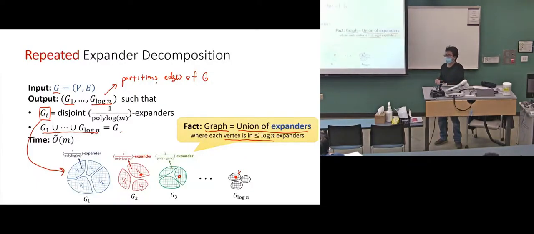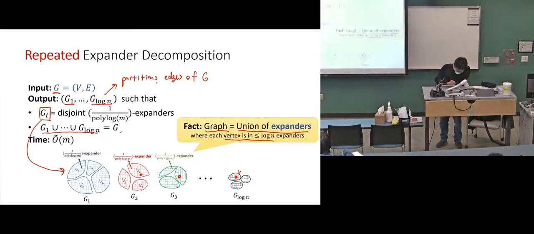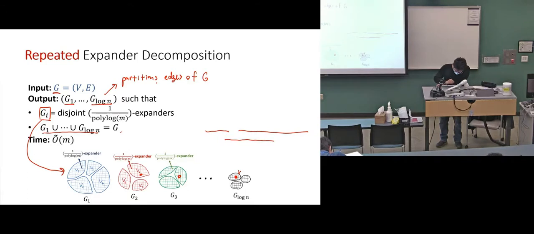More questions about this? Could you tell me again how it partitions the edges of G? So each part is basically Gi. G1 is all edges in this expander, right?